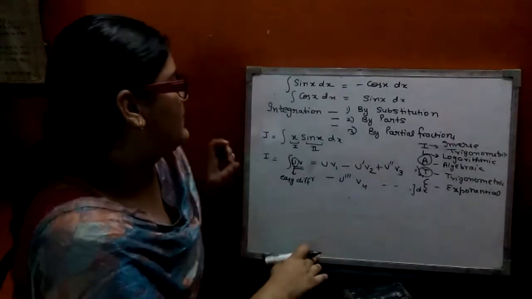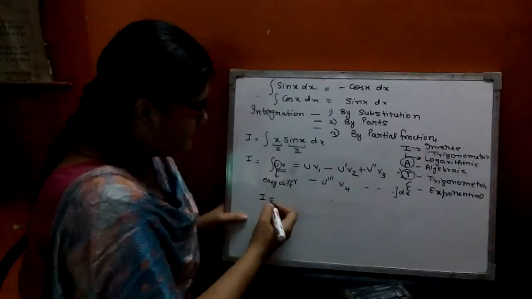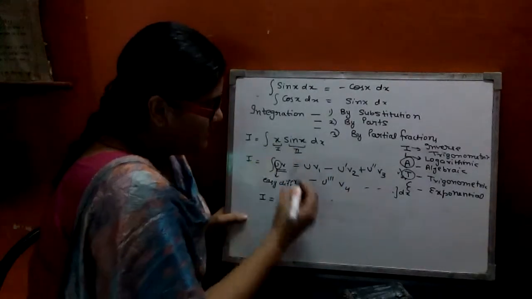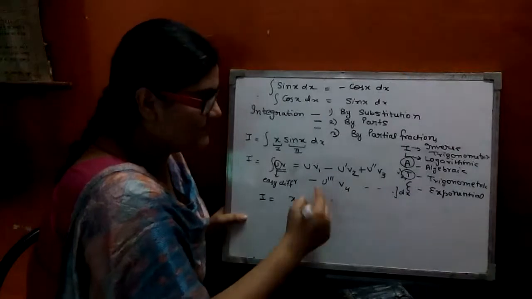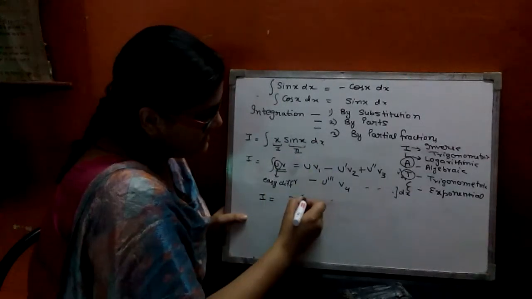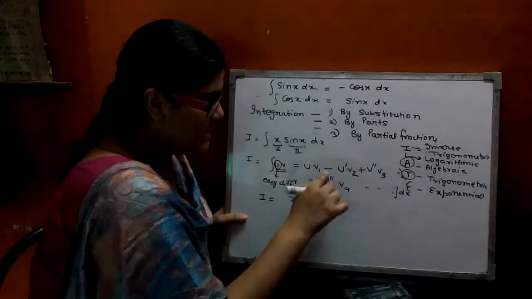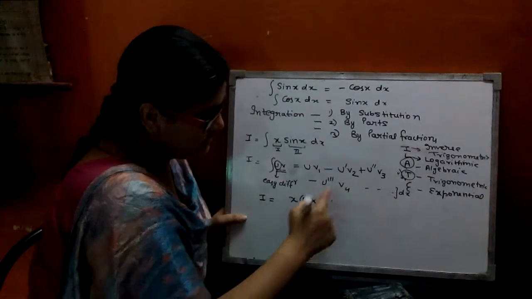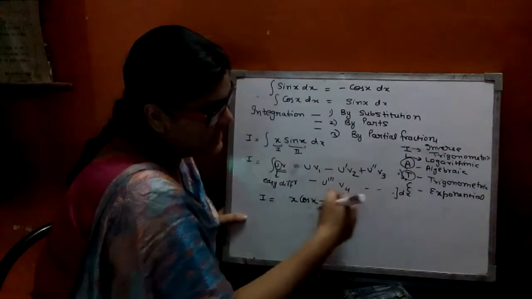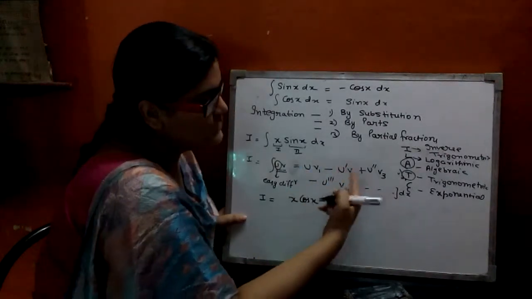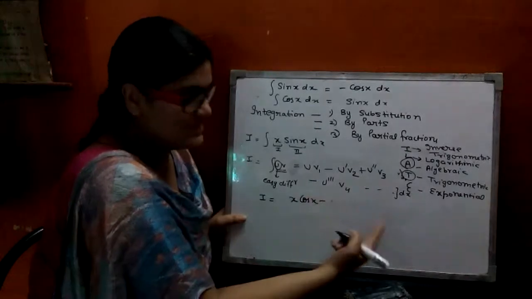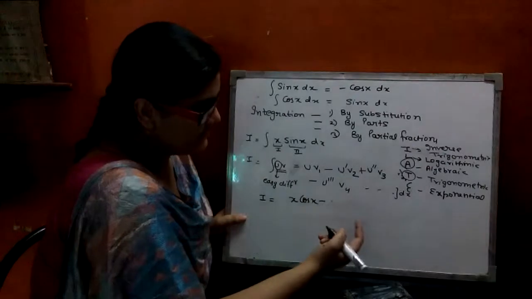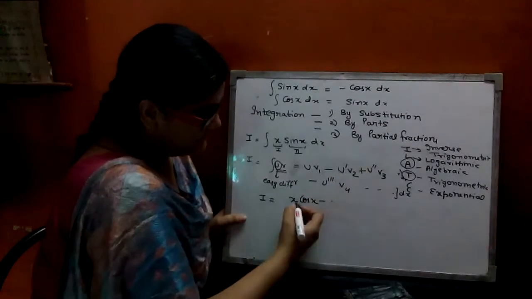Okay, means this is easily differentiable, so the first function as it is firstly, then integration of this is cos x minus differentiation of this, 1, and integration. v1, v2, v3 are integrating factors, and u dash, u double dash, u triple dash are differentiation of order 1, 2, 3 respectively.